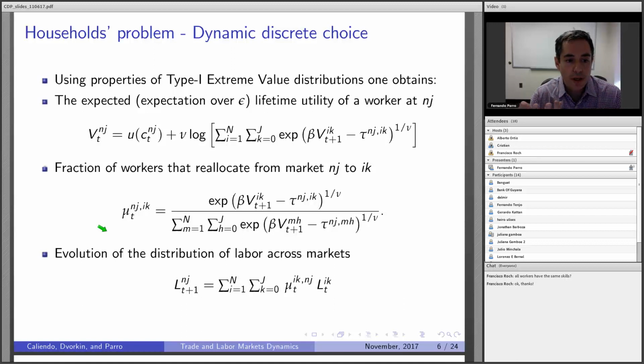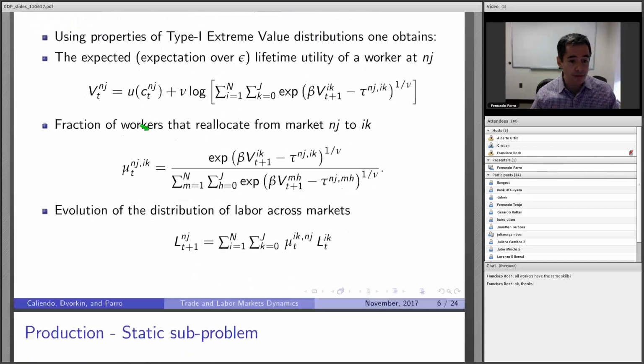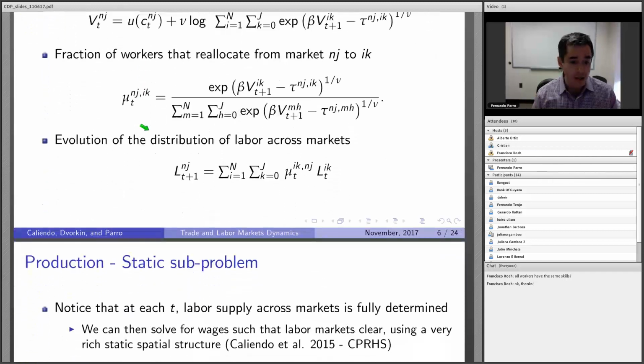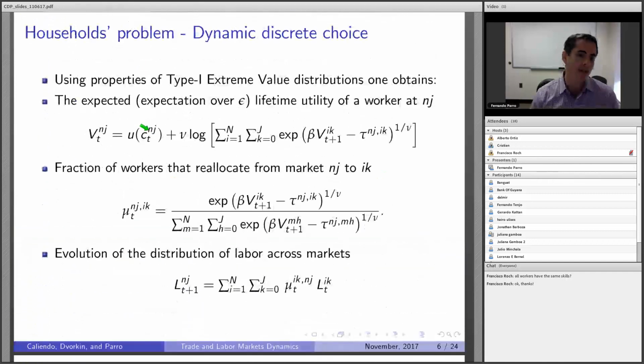So using the properties of the type 1 extreme value distribution, we can solve for the expected value of a worker in the labor market Nj at time t. The expected value of a representative household in labor market Nj at time t is going to have two components.